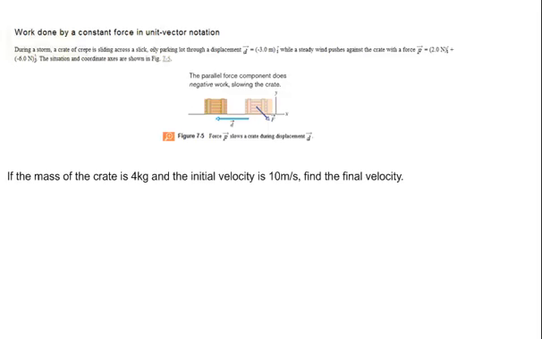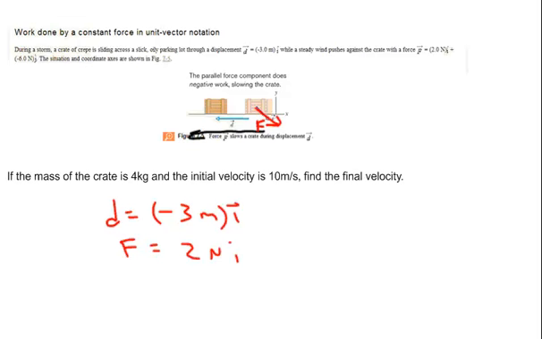So let's think about this problem here. We've got a box that's being moved in that direction, and there is a force being applied down on the box at an angle. So there's this force here. And we know that d equals -3 meters i, and the force equals 2 newtons i plus -6 newtons j.